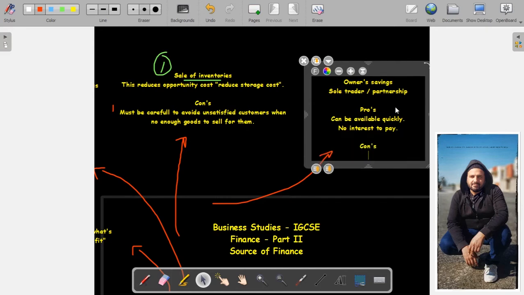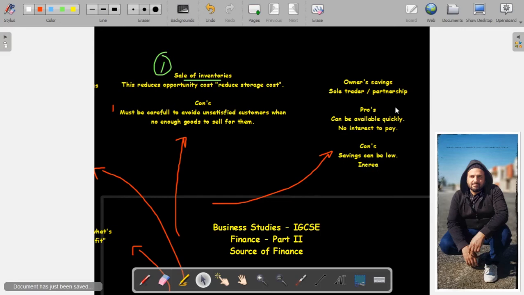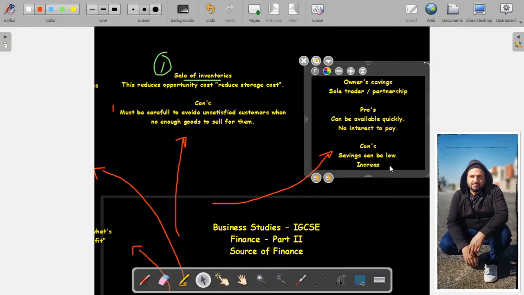Let's talk about the disadvantages. There are two of them. These savings can be very low. Savings can be low and cannot be enough. They're not going to be enough to fund whatever you're trying to fund. Also, it increases the risk taken by the owner or the entrepreneur of this business.